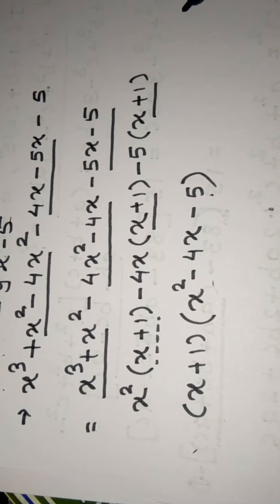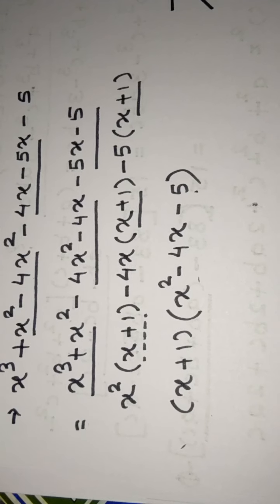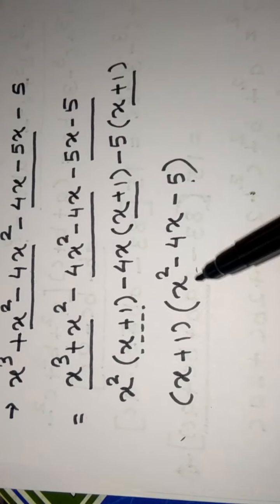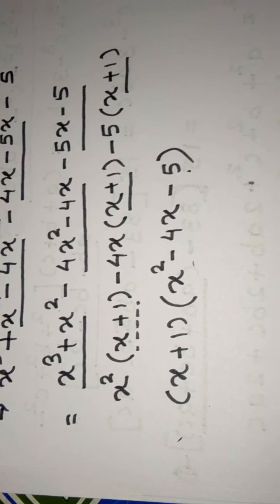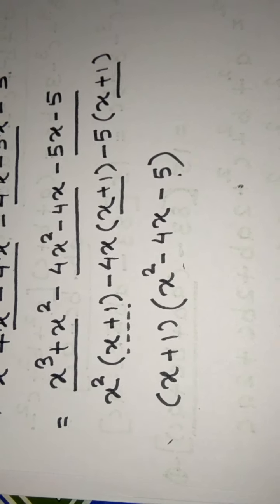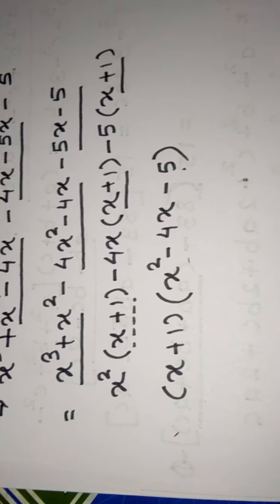If you know the formula, you can use the formula method, factorization method, any method. See, I can factorize minus 5 so that the product is minus 5 and the addition or subtraction will be minus 4.